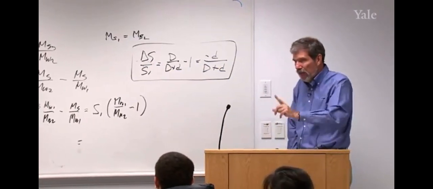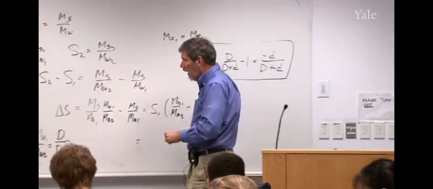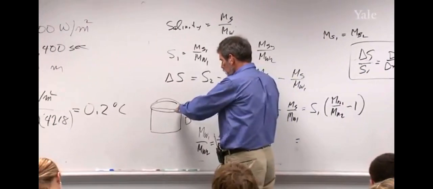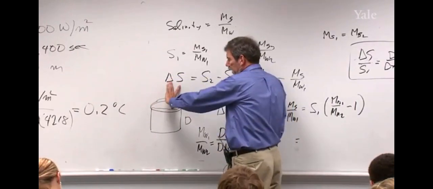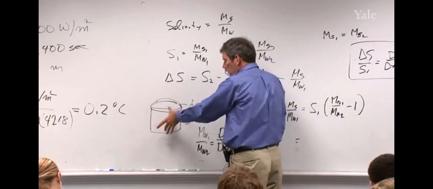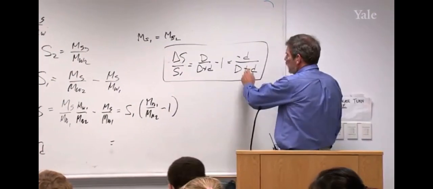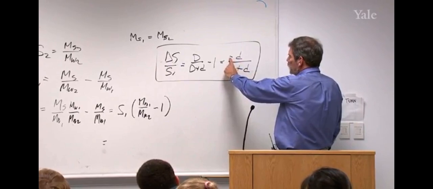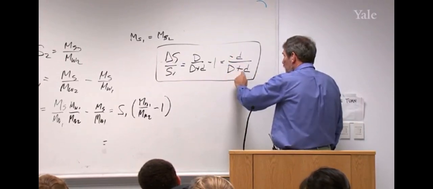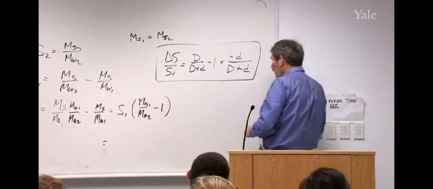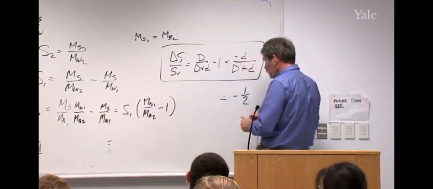Let's do an extreme example to be sure this formula is correct. Let's say that I doubled the depth. I put a whole thick layer of fresh water on there equal to what I had originally of seawater. Well, then it would be minus capital D over capital D plus capital D, that quantity is going to be minus 1/2.